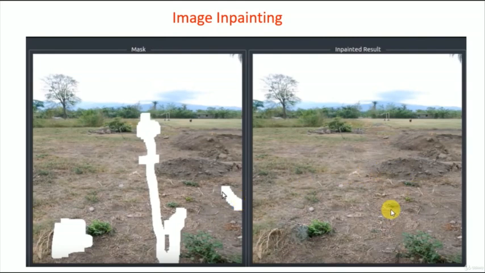What we can do later on is, if a person is standing here, we can remove this person. Let's say that a specific object is here, or for simplicity, let's just consider this object as a person. We can erase this object or crop it out from this image, and then we can reconstruct it back. So we can actually remove objects within an image. This is an application called image inpainting.